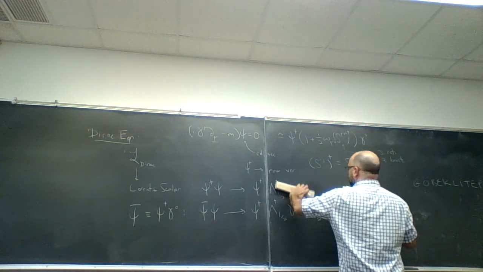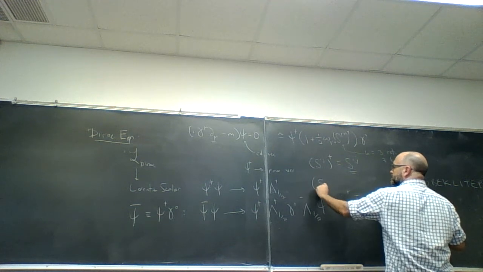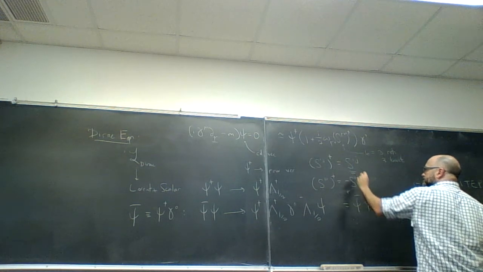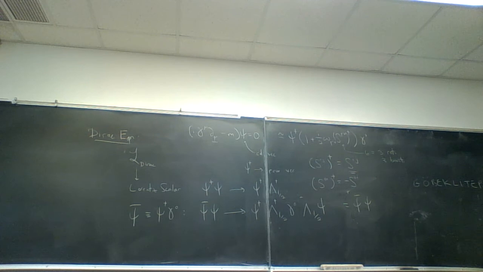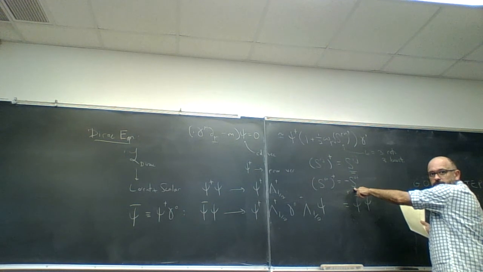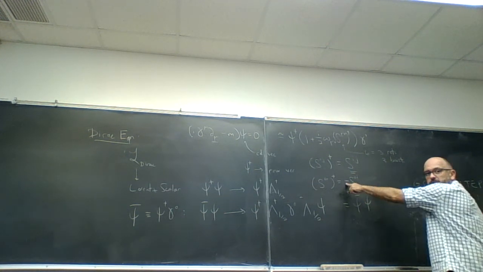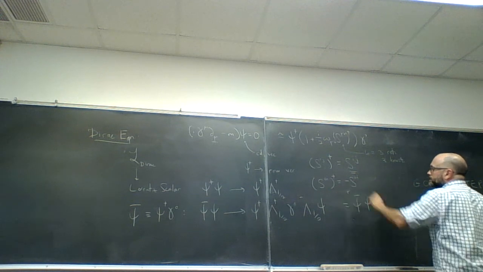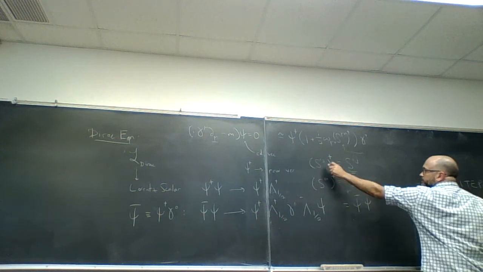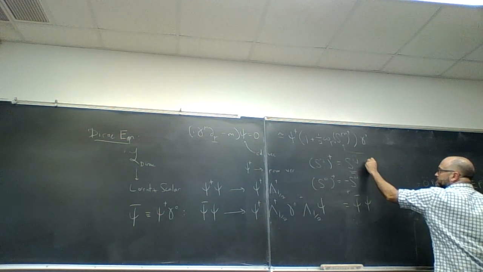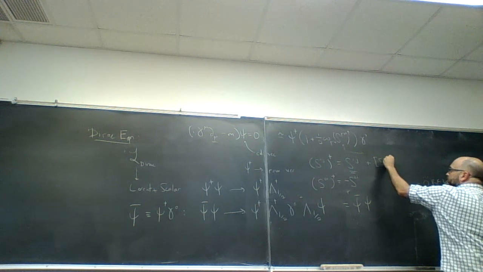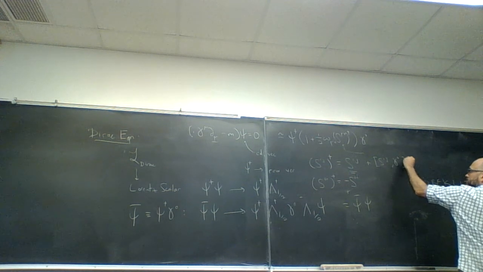For the other case, where I have boosts, say S0i dagger, we just showed that this is minus. But gamma 0 anti-commutes with these, so it basically cancels off this sign. So here we're using the fact that for the rotations, they're Hermitian plus the commutator of Sij with gamma 0 is 0.